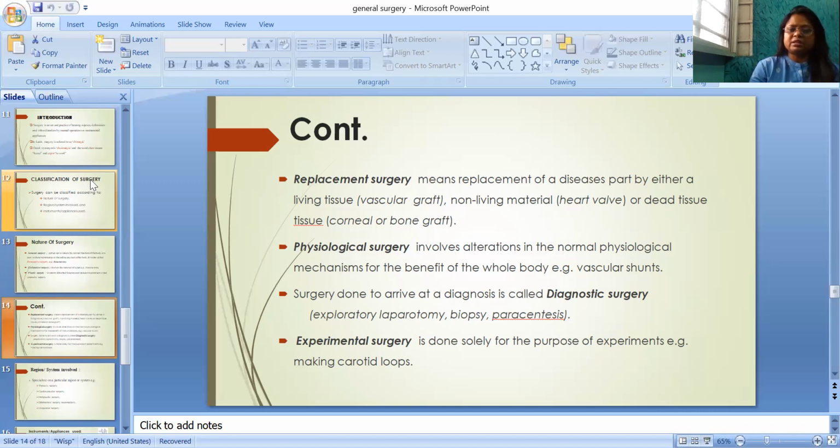It is done solely for the purpose of experiment. Example, making a carotid loop. This is only for experimental purposes.